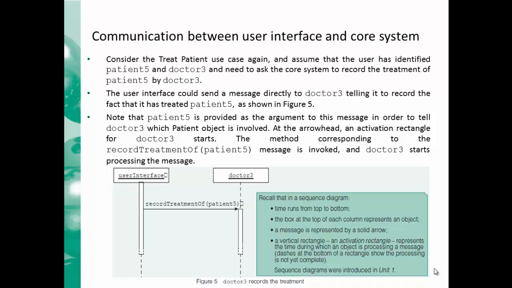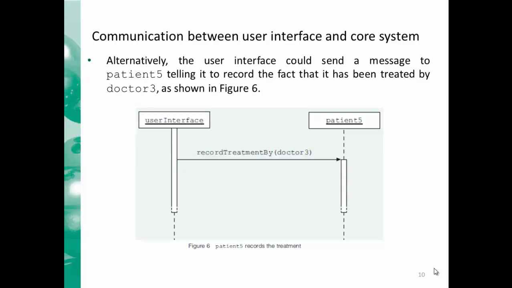But if we call the record treatment method as record treatment by, then the parameter will be the doctor, as you can see here, and the client object will be the patient object.